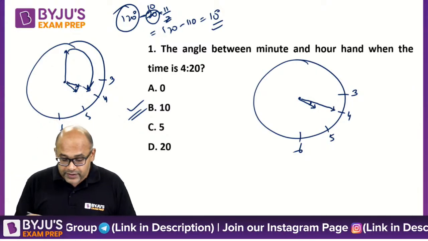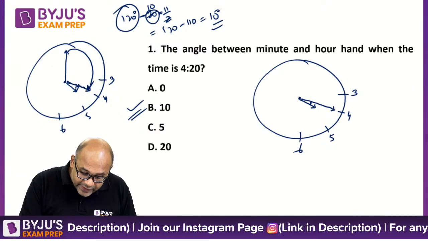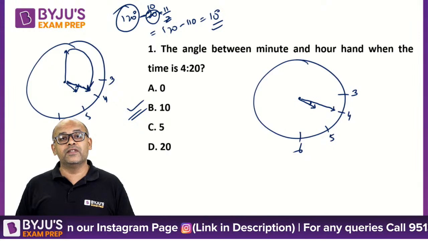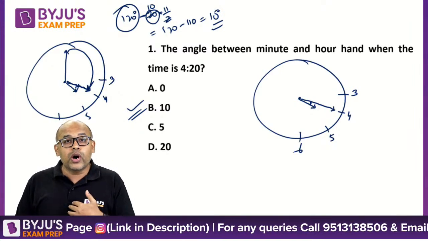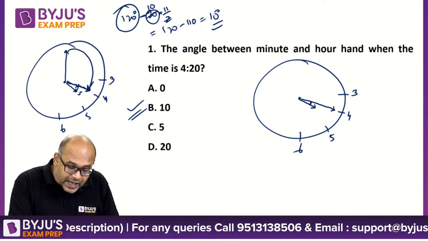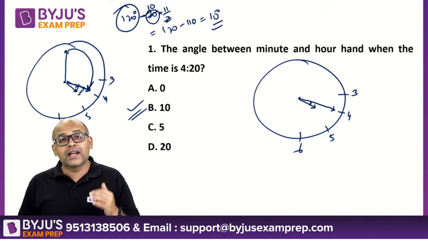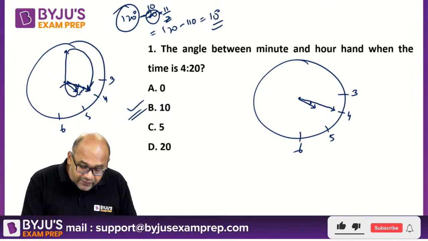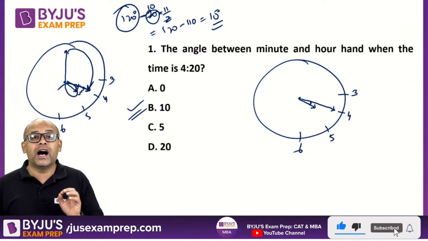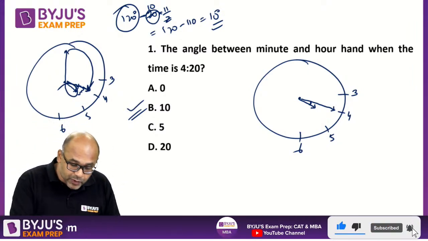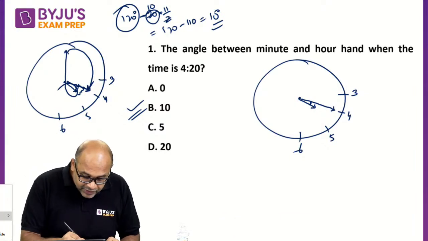What I will do here is, I will say, look, this is the final position of my minute's hand, which is exactly at 4. So I now need to look at what is this angle moved. This angle moved is nothing but the distance covered by the hour's hand in 20 minutes, because the hour's hand initially was here.